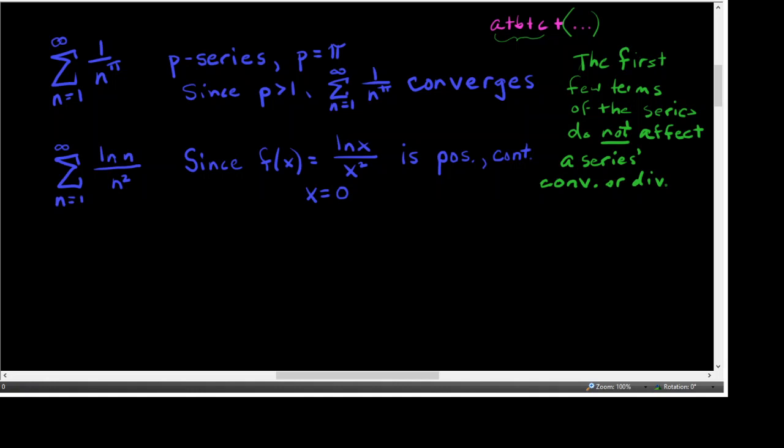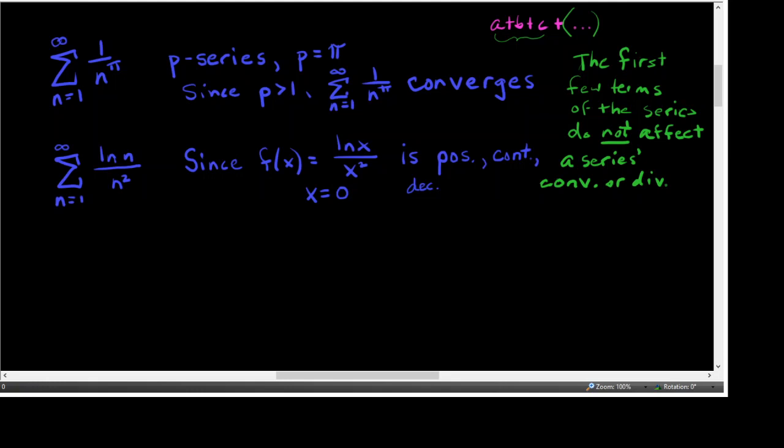We can prove this is decreasing using the first derivative test. But this time I'm just going to wave my hands and say I really don't want to do it this time.